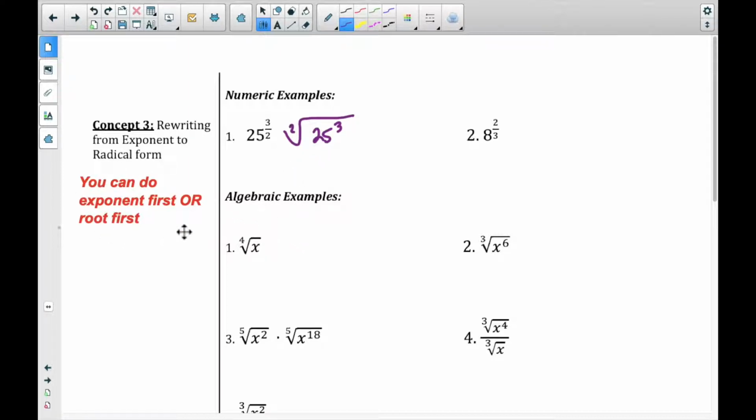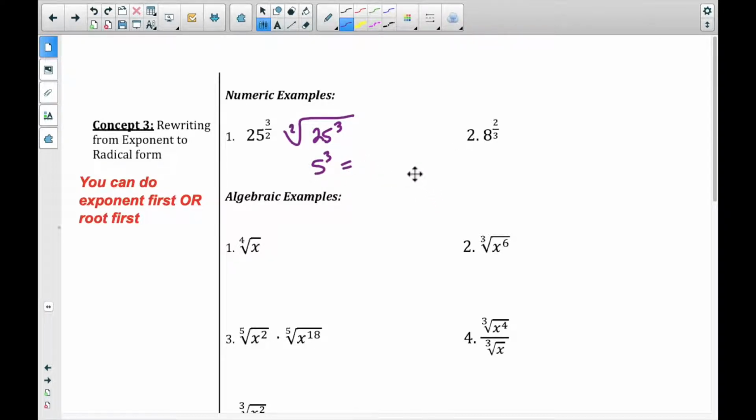Over in the margin, I wrote down that you can do the exponent first or the root first. It does not matter. It can work either way. I personally, off the top of my head, I don't know what 25 to the third power is. But I do know what the square root of 25 is. Square root of 25 is 5. So this is 5 to the third.